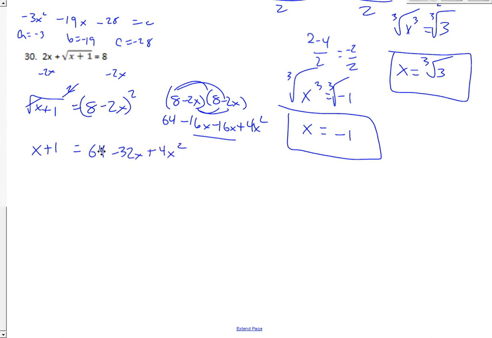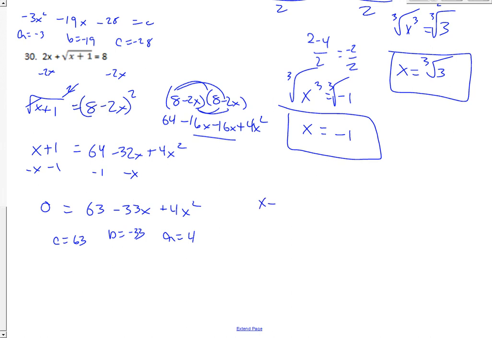I have a quadratic. I'm going to move the x and the 1 to the right and get this set equal to 0. So subtract x, subtract 1. I get 0 equals 63 minus 33x plus 4x squared. And I'm going to use quadratic formula, where a equals 4, b equals negative 33, and c equals 63.